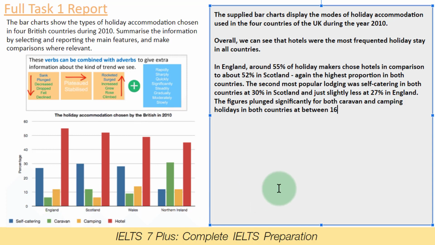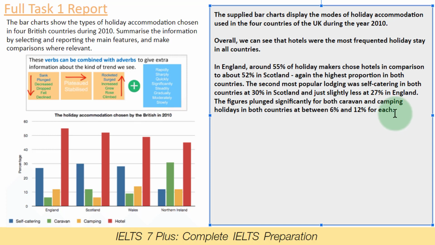Quite interestingly, this camping and caravan here is at around 12%. Oh, and here I made a mistake. At 6% for these here to 12%. At between 6 and 12% for each.